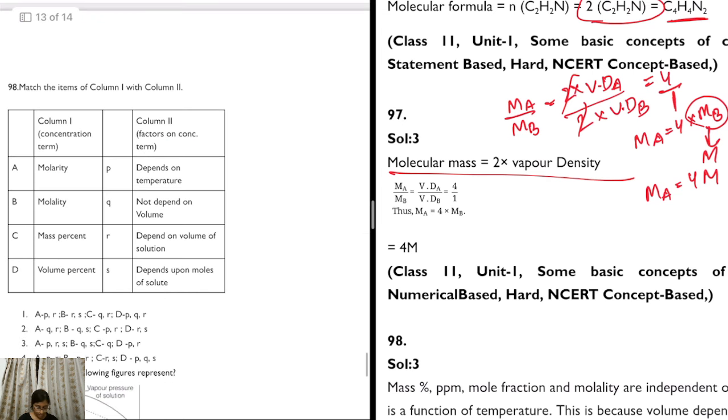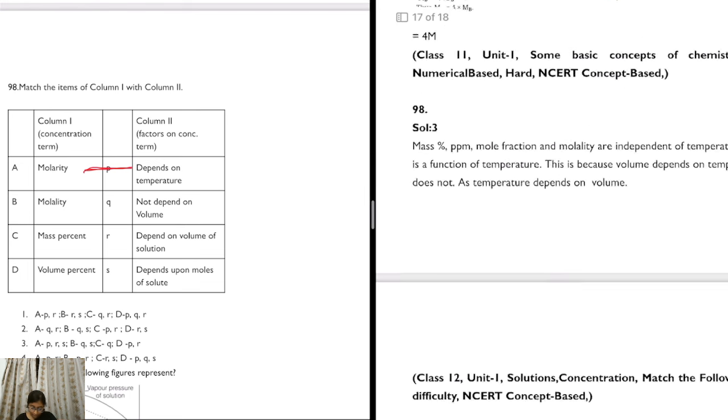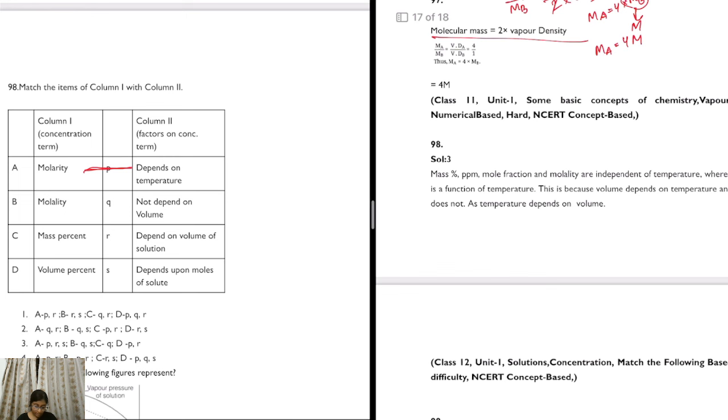Let's see the next question. We have to match these options. See, molarity depends upon temperature. Molality, mass percent, and mole fraction are independent of temperature, but molarity depends on temperature because volume also depends on temperature.